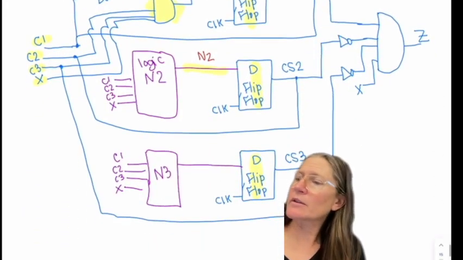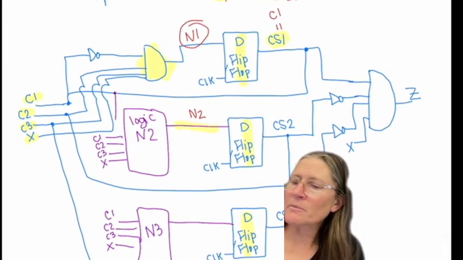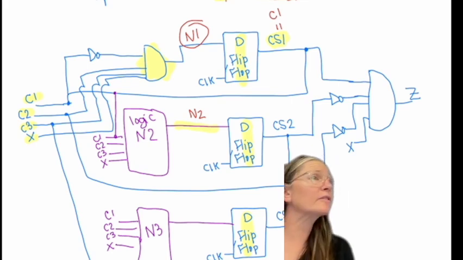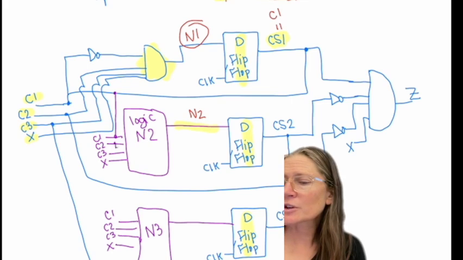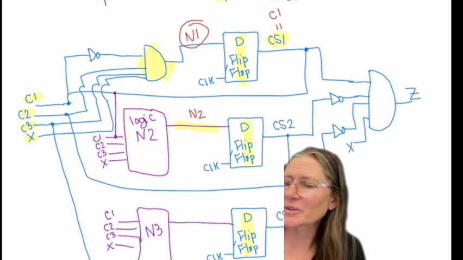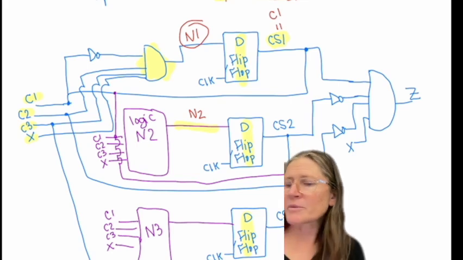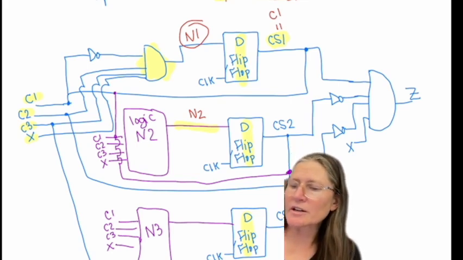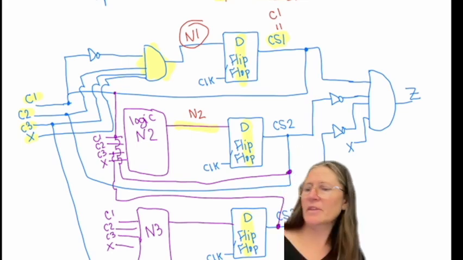And then these wires are coming from, this one is going to come from up above, from the C1 of that D flip-flop. C2 is going to come from this one, from this flip-flop, and then C3 is going to come from this flip-flop. Does that make sense?